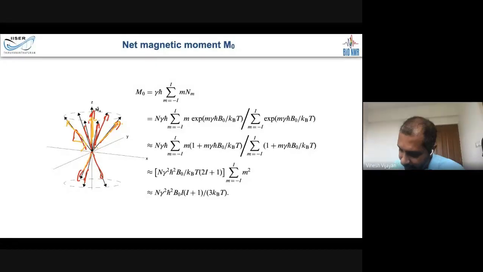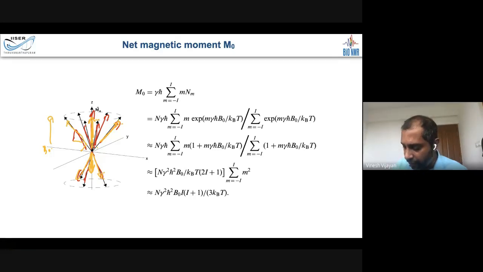Similarly, in the higher energy state, which is in the negative z axis, because your magnetic field is along the z axis, the number of vectors will be small, because the number of nuclei having a high energy will be slightly less. Therefore, this magnetic moment, which is also an addition of all the vectors in this minus z axis, will be smaller than this magnetic moment.